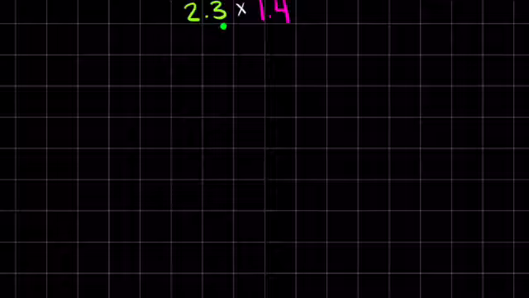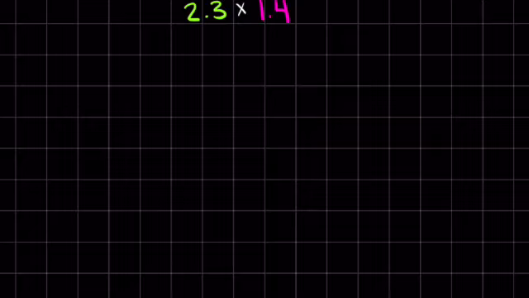Okay, so this time we are going to do a problem where both of our numbers are decimal numbers. We're going to do the problem 2 3/10 times 1 4/10. And I am going to think about my 2 3/10 as my number of groups, and my 1 4/10 is the size of each group.